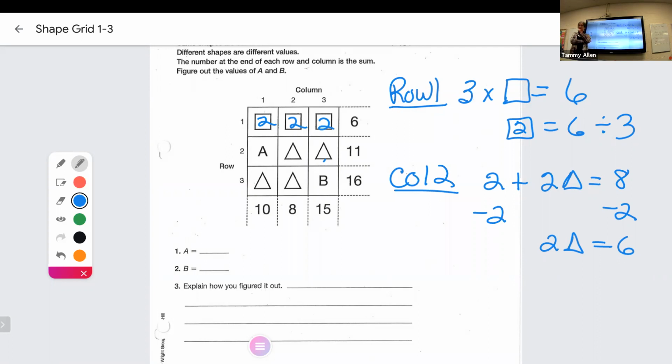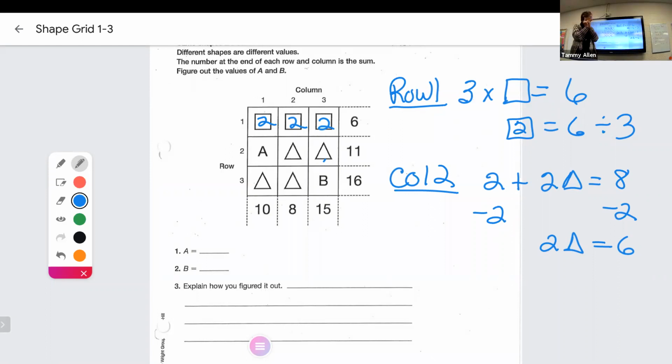And I would expect everyone to be writing this down. If it's your part of this class, I would expect you to be writing it down also. Yes? The first equation, it is difficult to do triangles boxes. Yes? Yeah. Remember, if a variable is next to a number, it needs to multiply? So I'm using my triangle as my variable. Does that make sense?